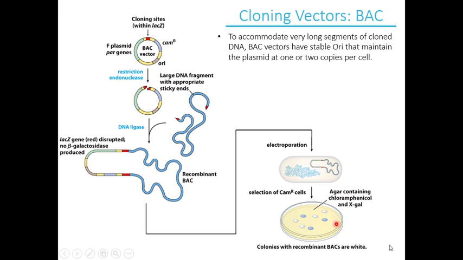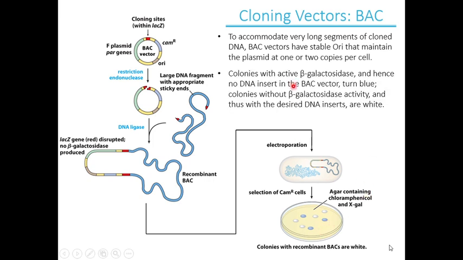In addition, the second selection marker can be to look for X-gal. This means that if the vector is not properly cloned or not properly ligated, lacZ would not be disrupted. And all those cells without lacZ disruption, with X-gal expression, are shown in blue.